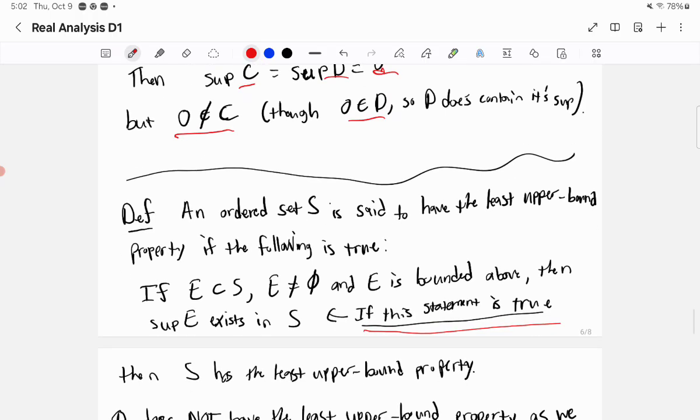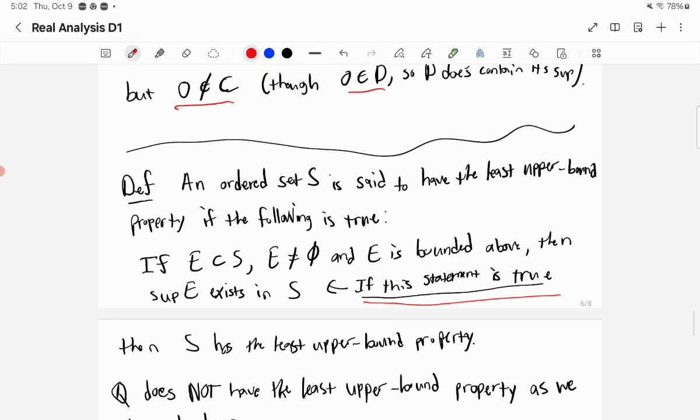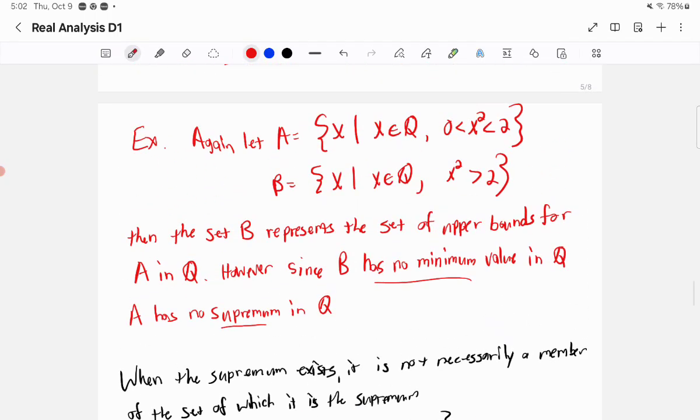Great. Okay, so now I mentioned before up here in our red example that we saw that we do not always have a supremum, right? Some sets do not have a least upper bound.